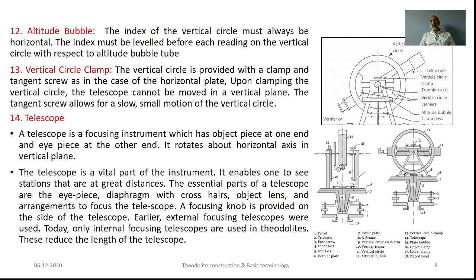It has the capability to rotate about the horizontal axis, which is called the Vernier axis, in the vertical plane. Only the thing is that it has better aperture and magnification as compared to a dumpy level like equipment.